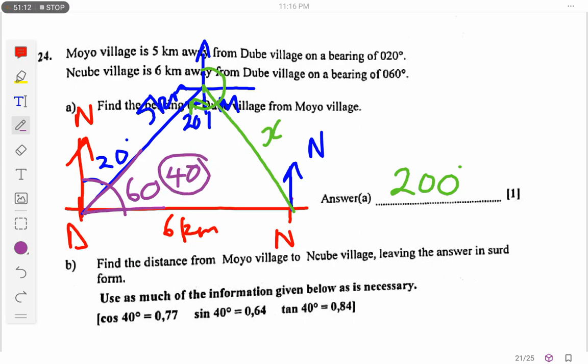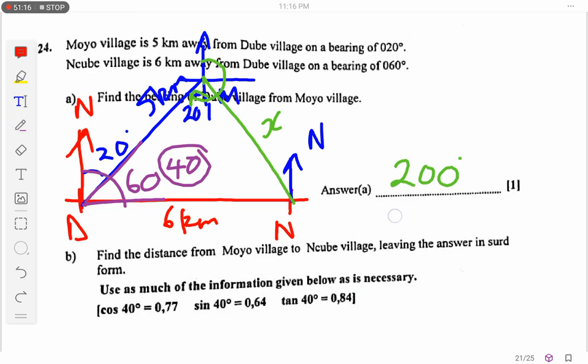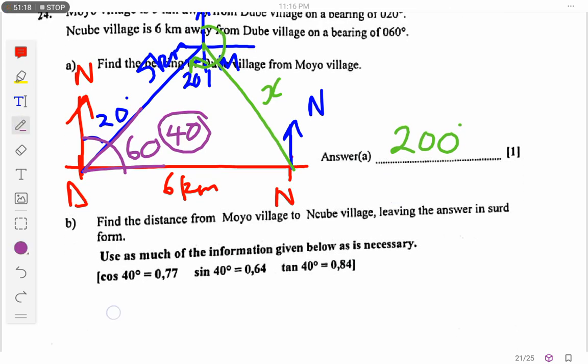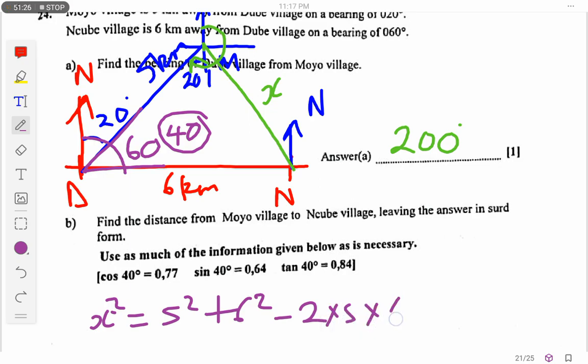We can use that 40 and the cosine formula: x squared is equal to 5 squared plus 6 squared minus 2 by 5 by 6 cos 40 degrees. That's how we will work it.